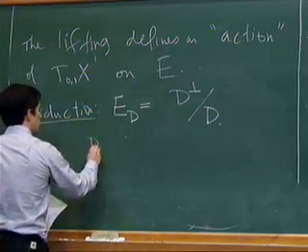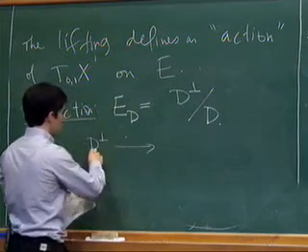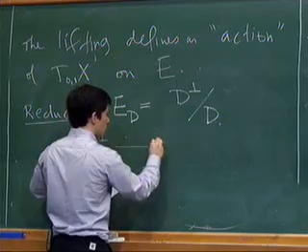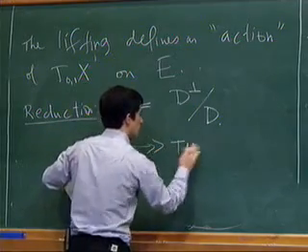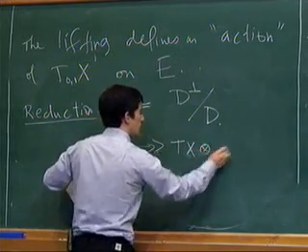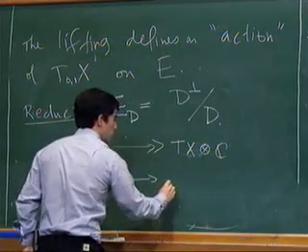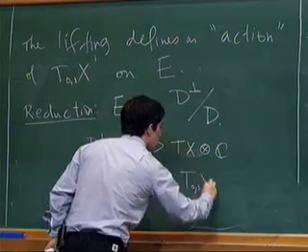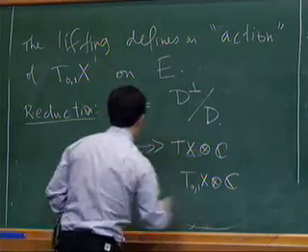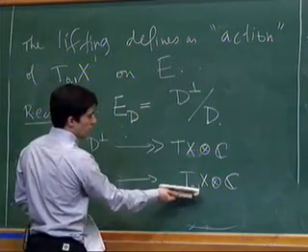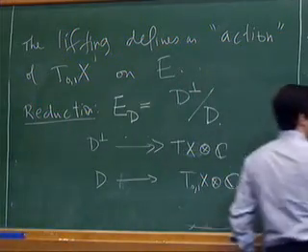Okay, but if you look at where D perp gets sent, it's surjective onto TX cross C, and D by definition gets sent to T01x cross C. So this means that the quotient will be sent to the quotient, which is exactly the holomorphic tangent bundle.